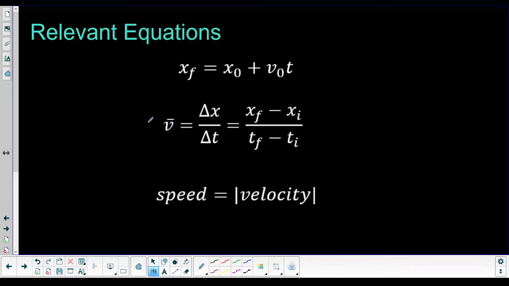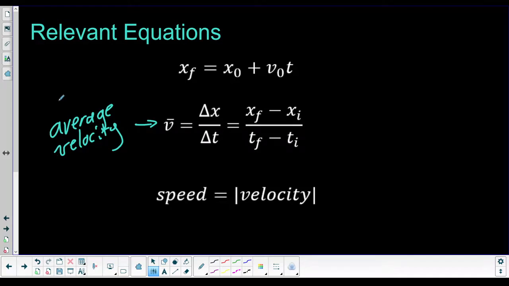This equation is V bar, and this bar over there means average. Sorry, English got in the way again. Average velocity. And let's maybe talk about the formula, and then we'll formally define average velocity. Okay.